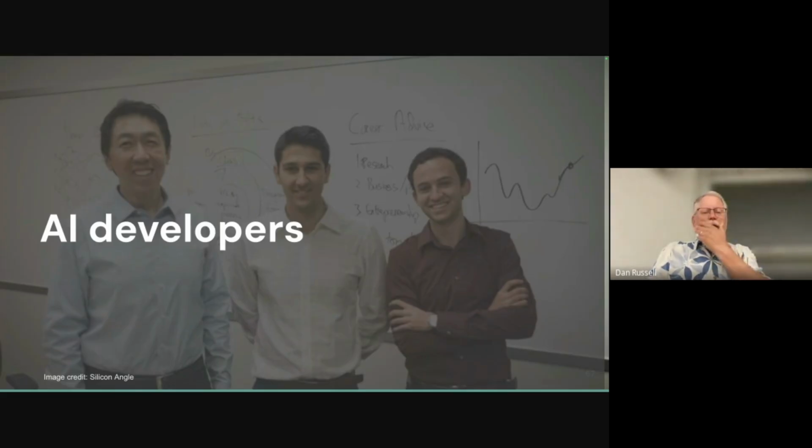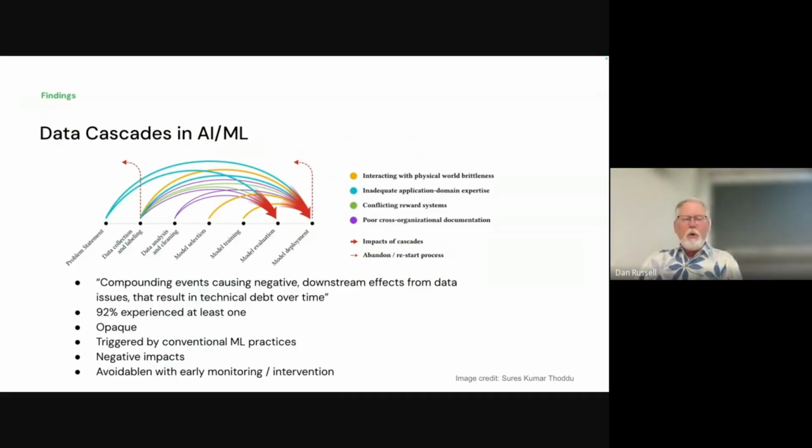So if you think about, okay, the next step you get all this data, let's assume it's labeled by humans and it's done well. Developers like Andrew Ng and colleagues get to work on it next. And so one of the things to realize from today is that there's a thing called the data cascade. So you start with a problem statement, you start writing a definition of what that thing is supposed to do, you collect and label the data, you analyze the data, you select the model, you train the model. This is that whole linear process.